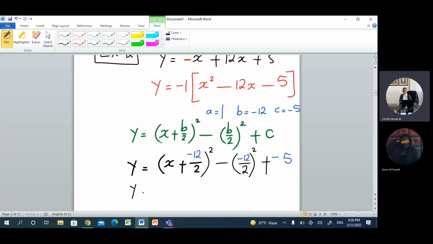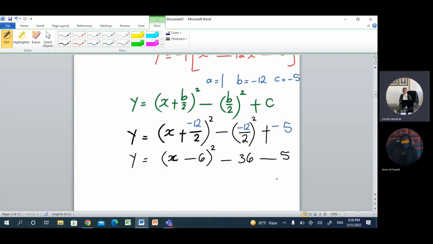Then you need to simplify. So x will stay as is, -12 divided by 2, it's -6, to the power of 2 minus -12 divided by 2, it's -6. And -6 to the power of 2, it means -6 times -6, which brings it down to 36. Plus -5, it's -5.